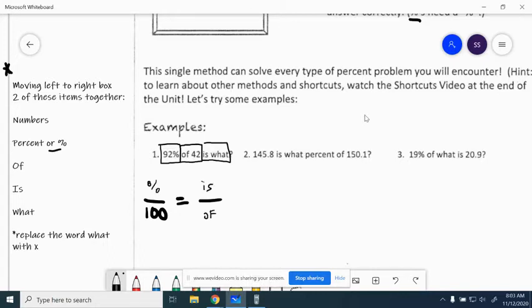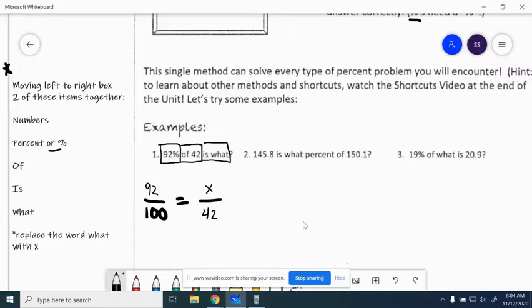We're definitely going to need to memorize that part, okay? So 92, if they're giving us the percent, we're going to put that here. Of is with 42, so 42 is going to go on the bottom. And is on top. Is with what, so we're going to replace what with x.